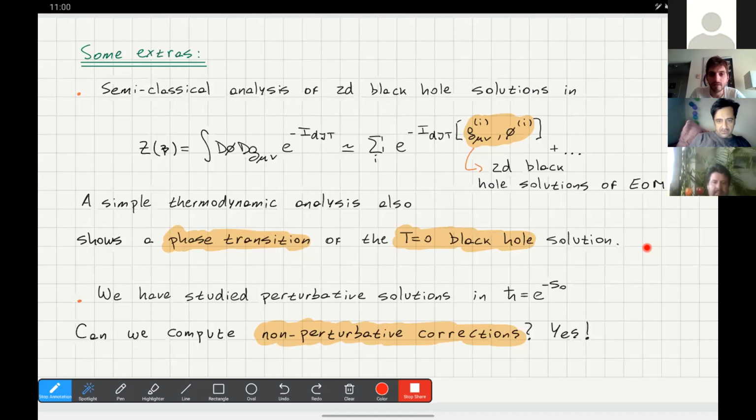In the partition function, are there...? So the question is whether in the partition function you should also include disconnected contributions, and the answer is no. When you consider more than one boundary, this is to say when you consider two boundaries, you can actually include disconnected contributions, and these map to disconnected correlators in the matrix model.